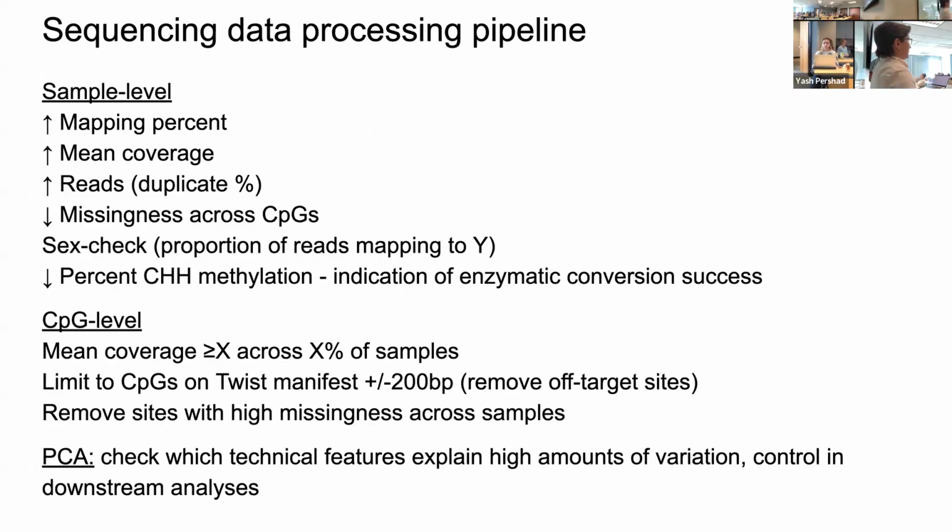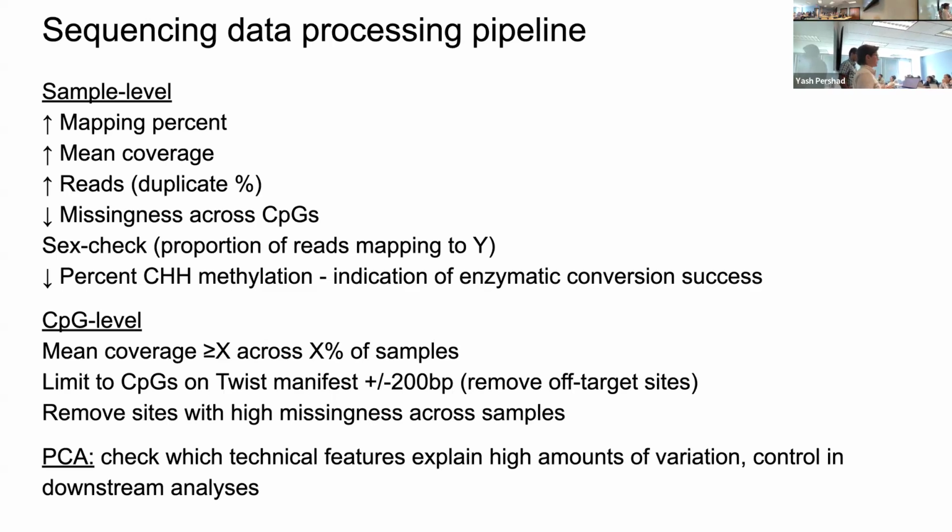We can make all these slides available, so don't feel like you need to be taking notes on the processing pipeline, but this is typically some of the QC that Yash and I think about when we process these samples. So at the sample level, we want to retain high quality samples. Things you want to look out for are how well did they map? If you start with the CX files from Vantage, you'll get a report that has the mapping percent.